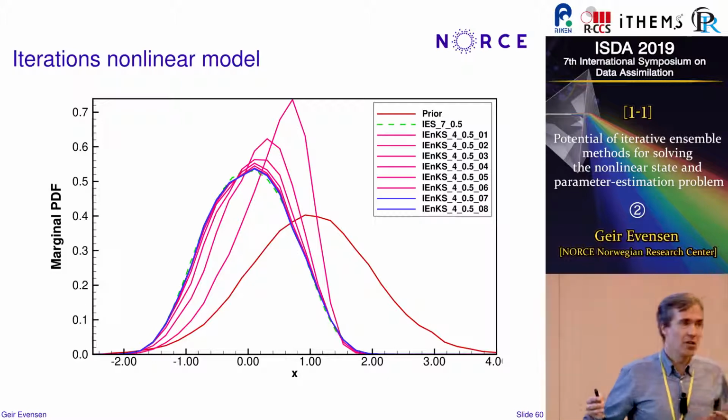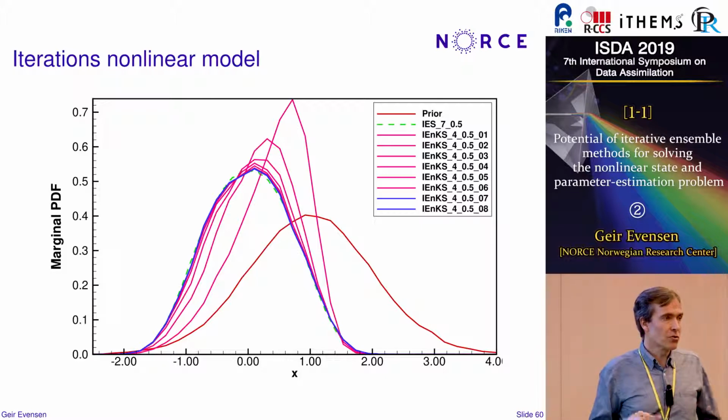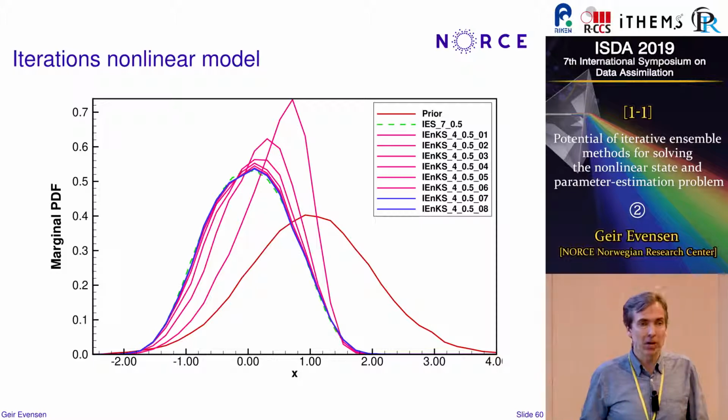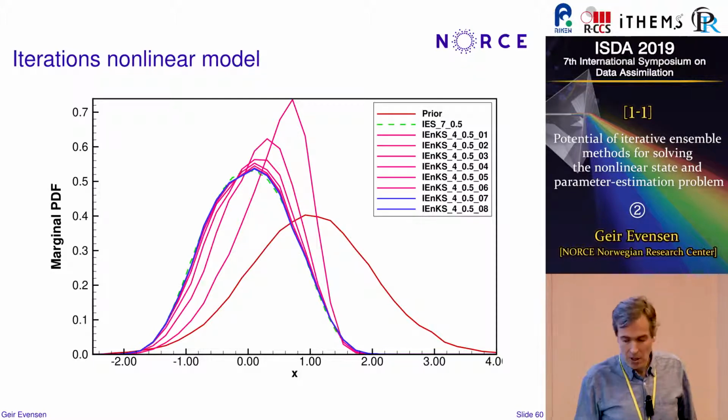So after 5 iterations, I have essentially converged. And since this is independent of the state dimension, you will have similar convergence for a high-dimensional atmospheric model. The only thing that can impact the convergence is the nonlinearity of the model.